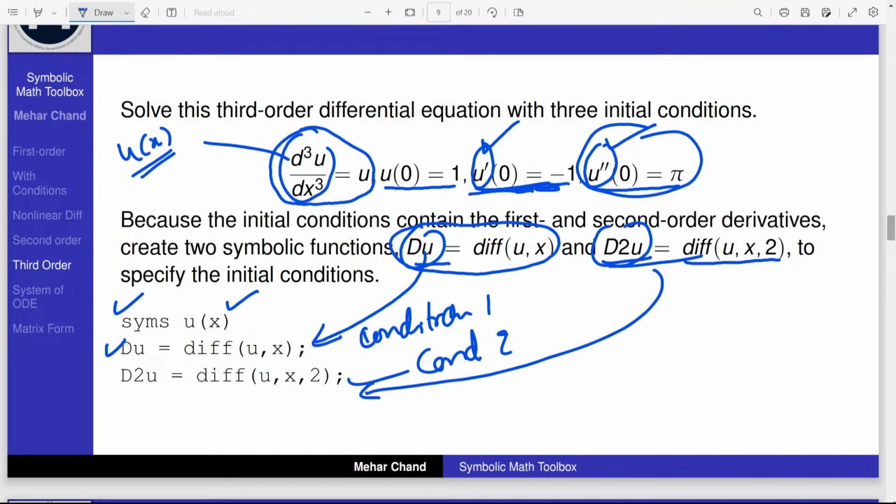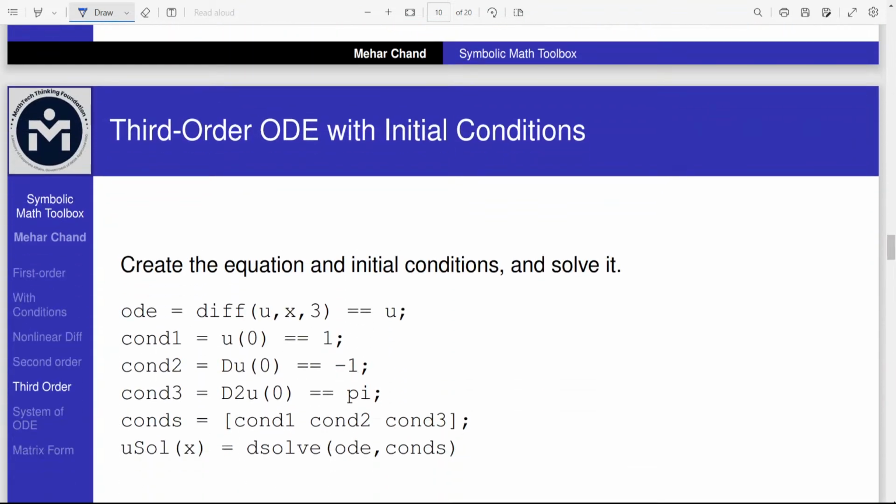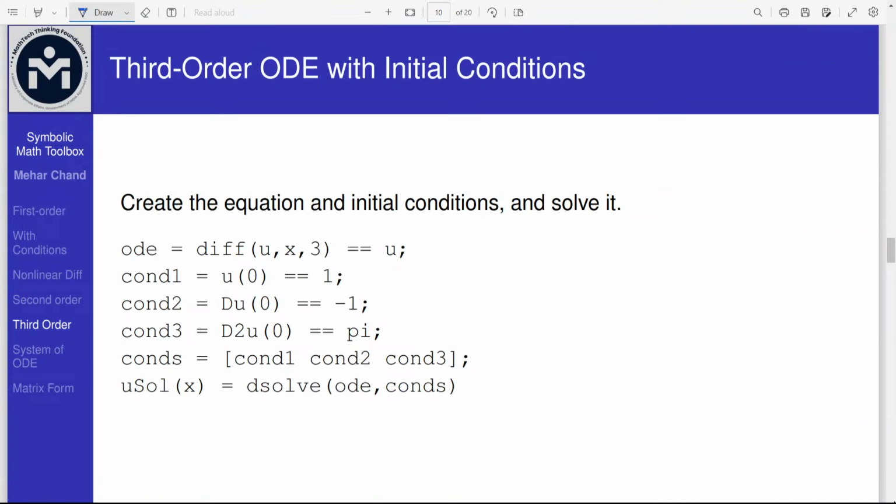After that we need to write the conditions with the differential equation. So ODE is equal to diff(u,x,3), the third order differential equation, as given in this form, equal to u.